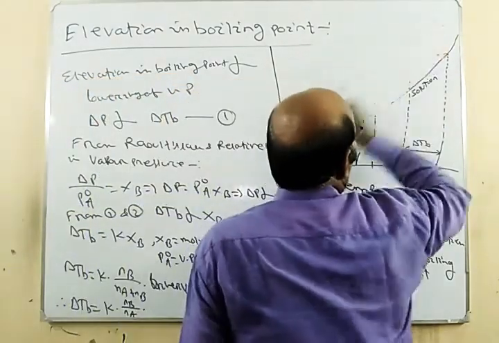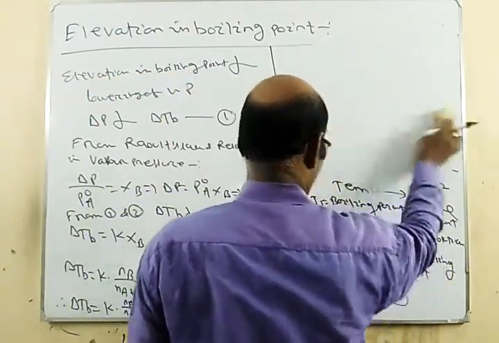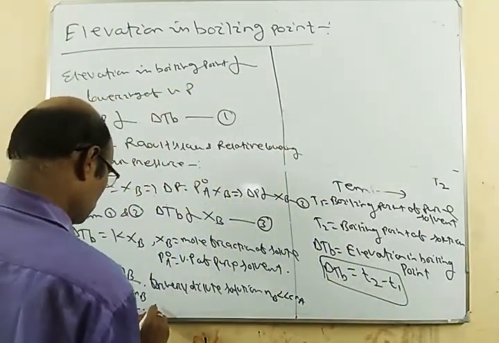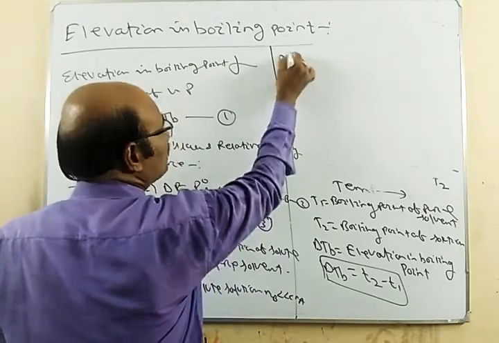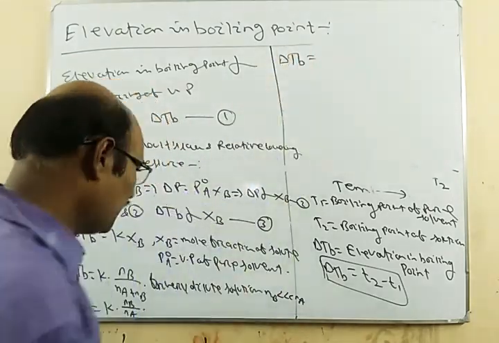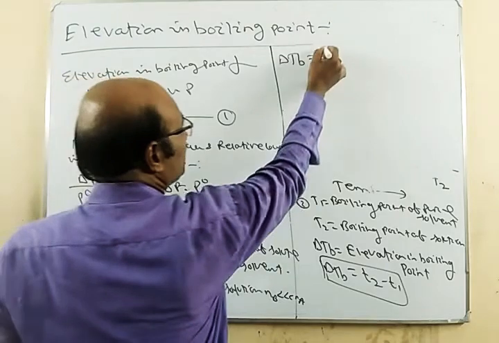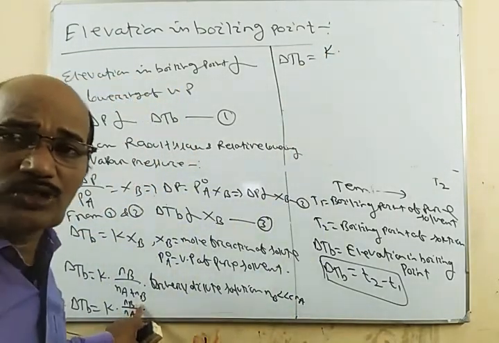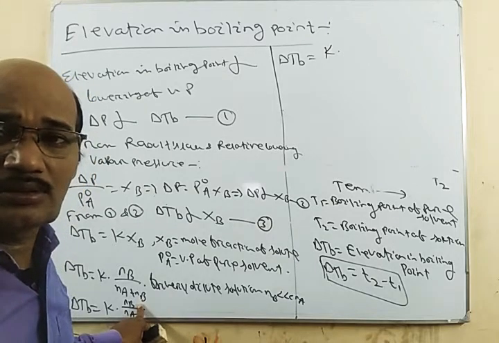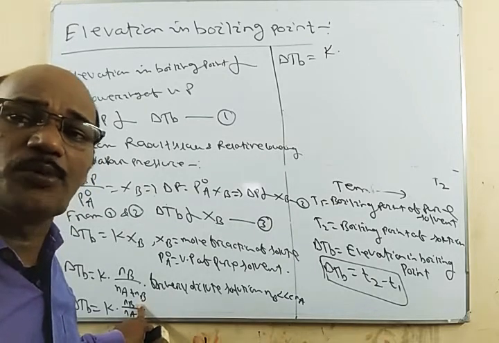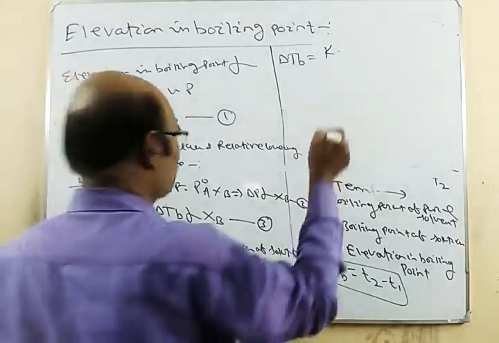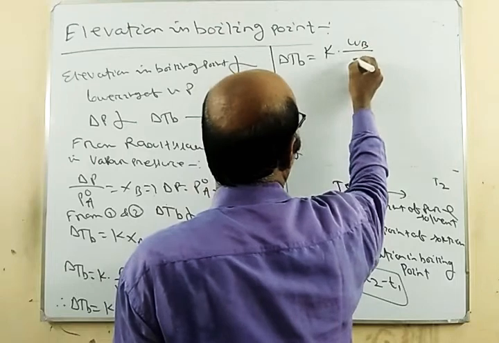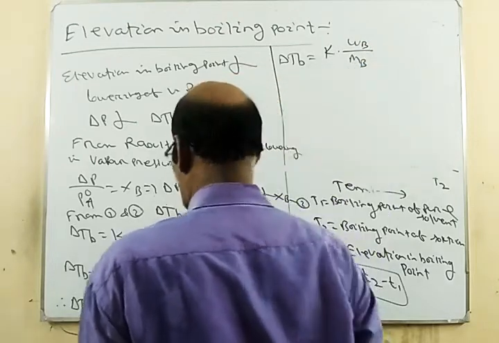Now see, this implies delta TB is equal to K into NB by NA. Number of moles of B equals mass of B by molecular mass of B, so NB equals WB by MB.